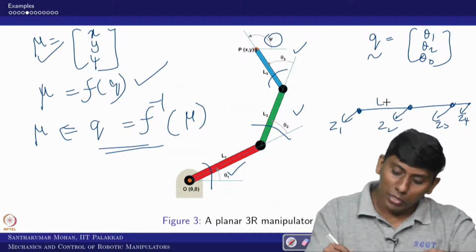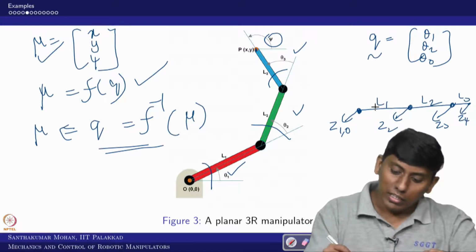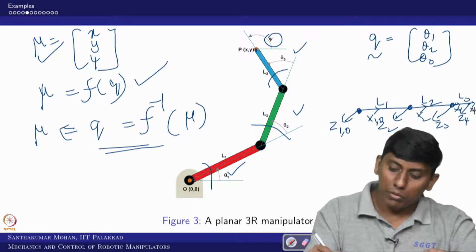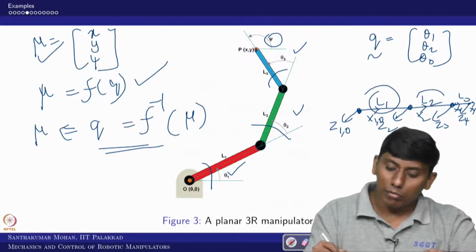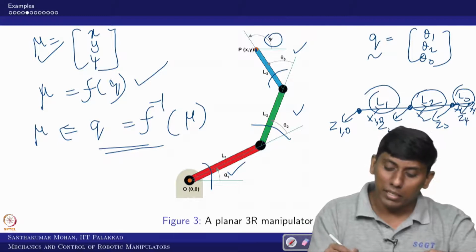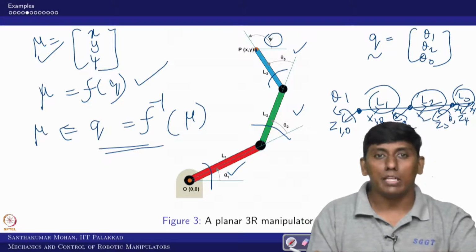In the sense, this will be L1, this is L2 and this is L3, and I can put Z0 also common. Then it goes X1, X2, X3 and X4. Like that I can draw, and then I can find these distances, and here theta 1, theta 2 and theta 3. Like that I can fix a frame.